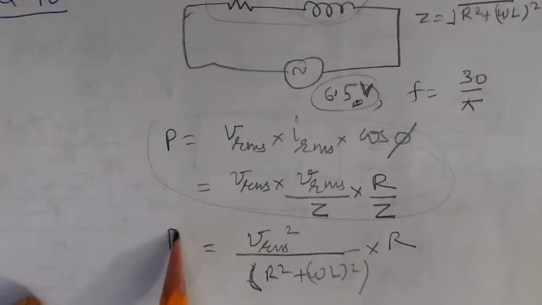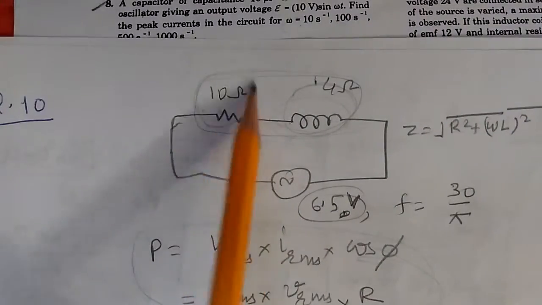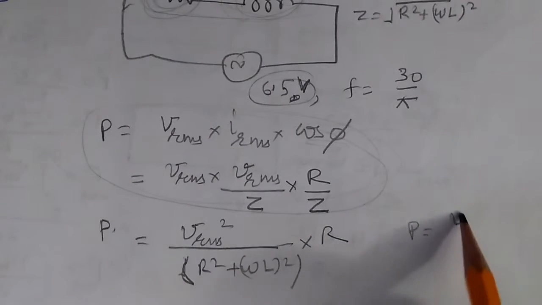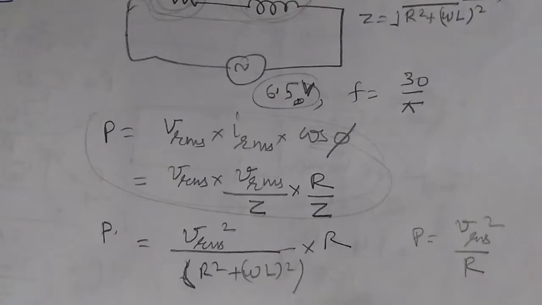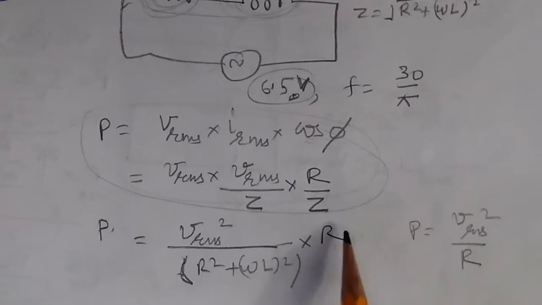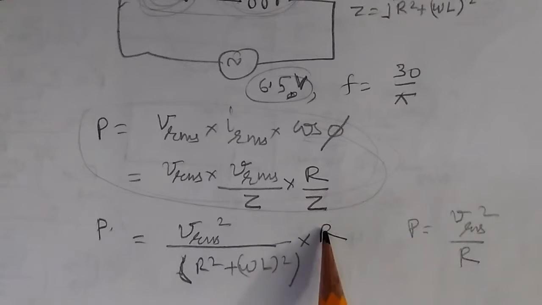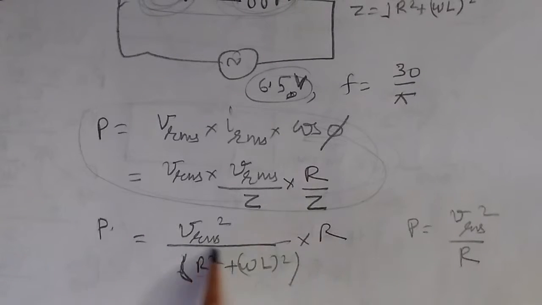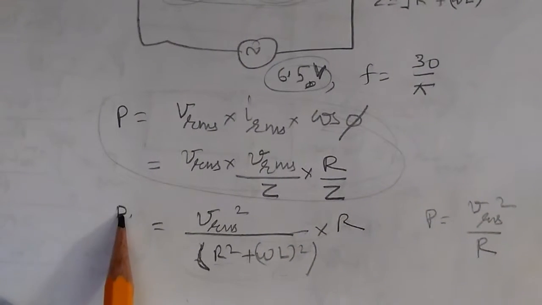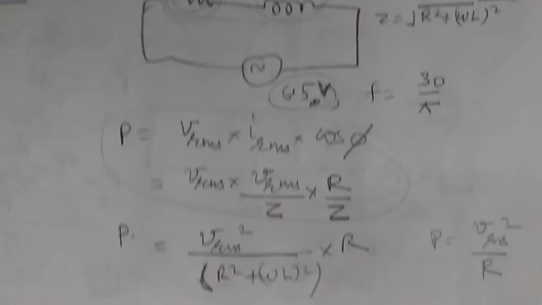If there were only a resistor in this circuit, then the power consumption would have been P equals V RMS square divided by R. If we take R down, the denominator becomes 1 plus omega L divided by R, whole square. So this factor has increased, and because of this the power consumption will be reduced.